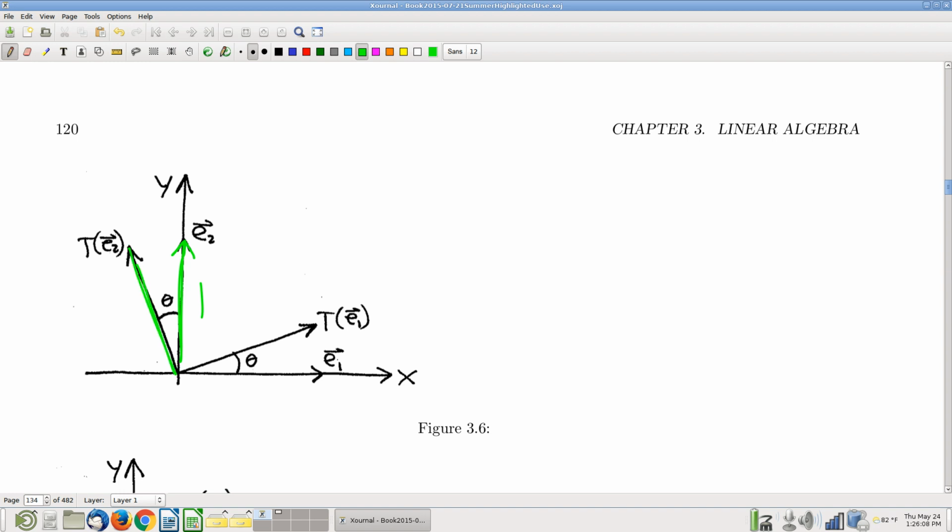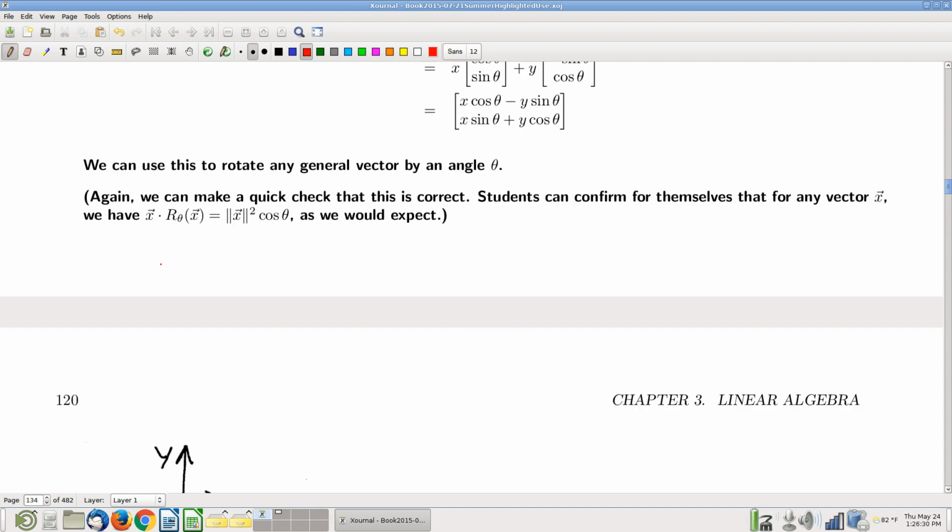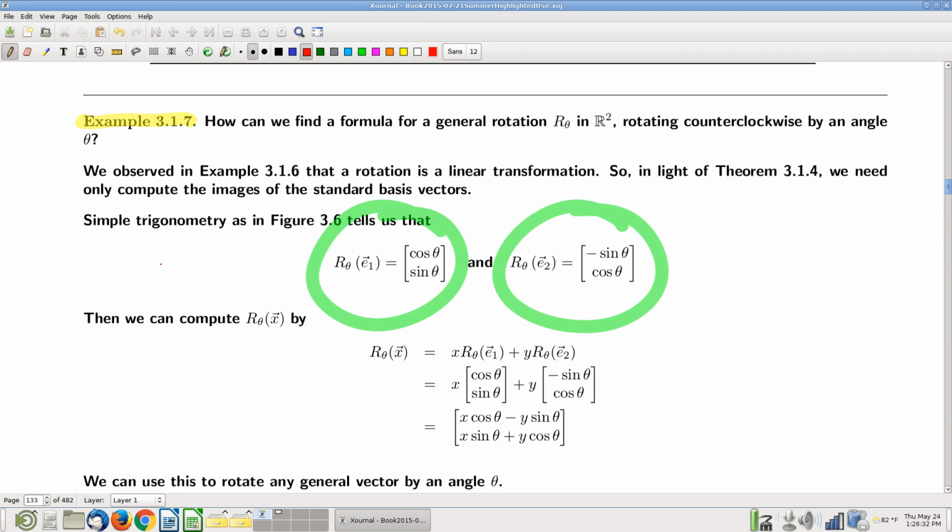When you rotate, the rotation has length 1. So I have here a little right triangle, and the coordinates of T of E2, the rotation of E2, are going to be sines and cosines, and think about what the appropriate angle is, and plus and minus and all that stuff. And what you end up with, an easy trig calculation, is these. The rotations are that and that, and then you use linearity to combine.